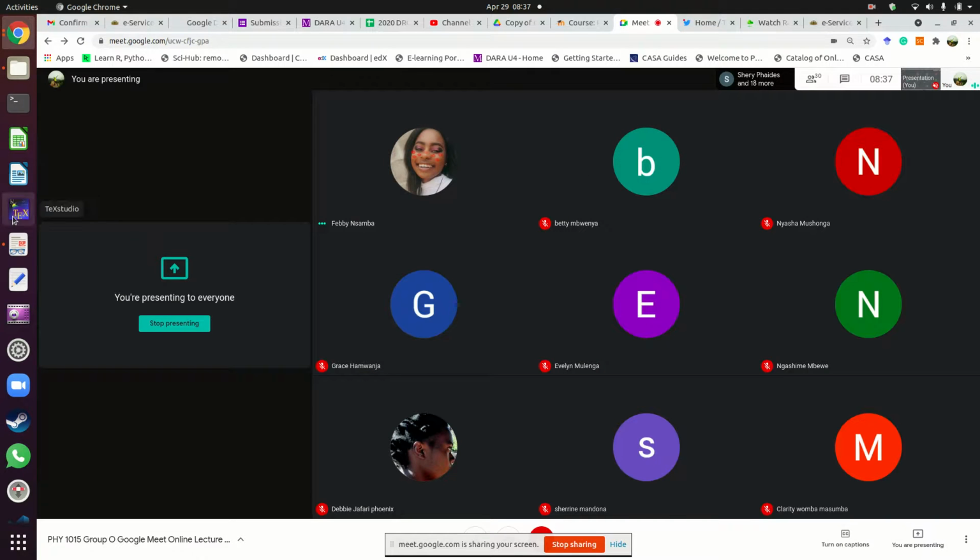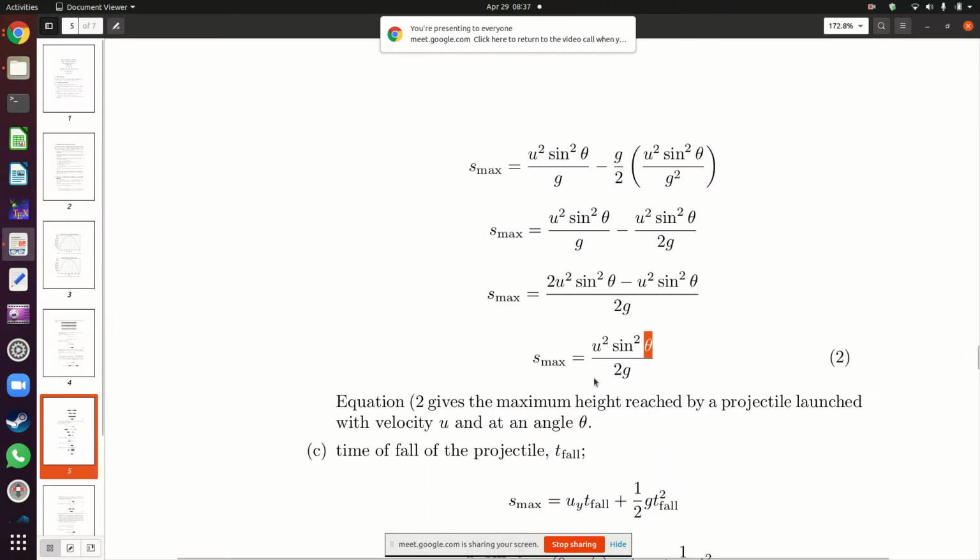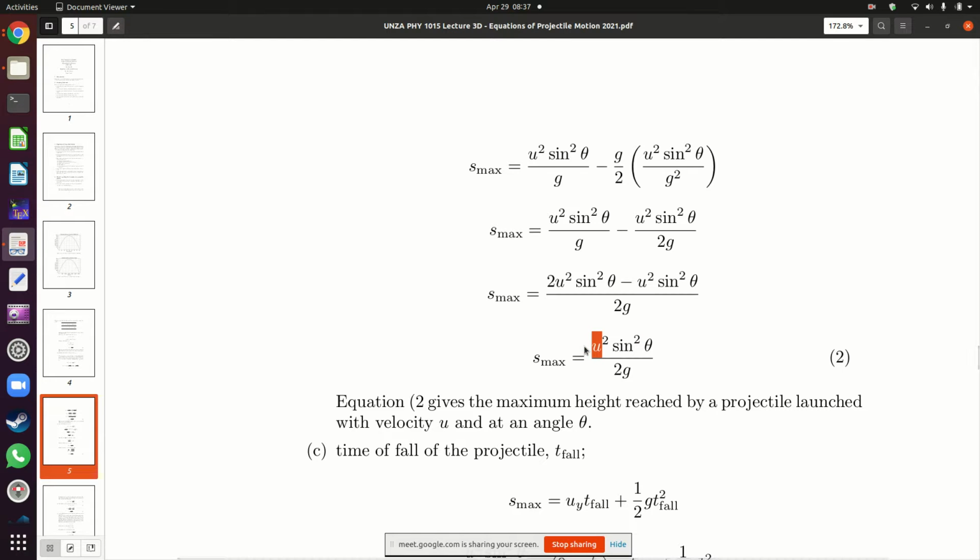So the only thing you need to work out maximum height is the velocity with which the projectile went up and the angle at which it went up. That's what's going to give you the maximum height, not the mass. Okay, so this is how you get the maximum height. Again, we're going to give you this expression. If you see this expression on a sheet of formulas, you should know what it does.